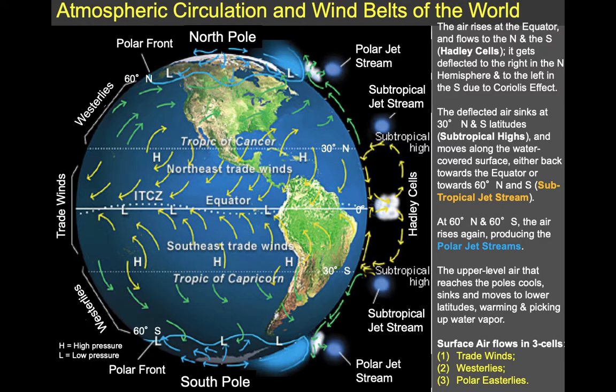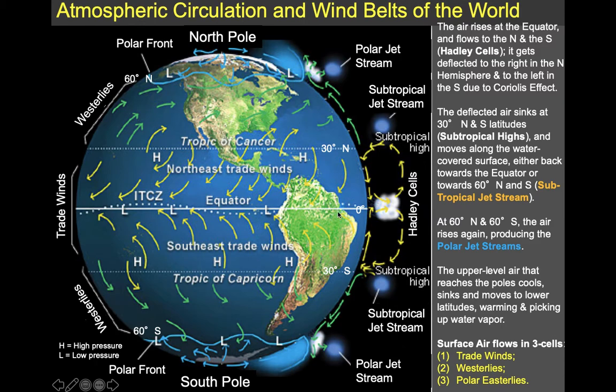So this Coriolis effect is extremely important for atmospheric circulation in wind belts in the Earth. We're looking at a diagram here, a two-dimensional projection of the Earth. You can consider it as a sort of slice of Earth, North America, South America, the equatorial zone, 30-degree north and south latitudes, and then the North Pole.